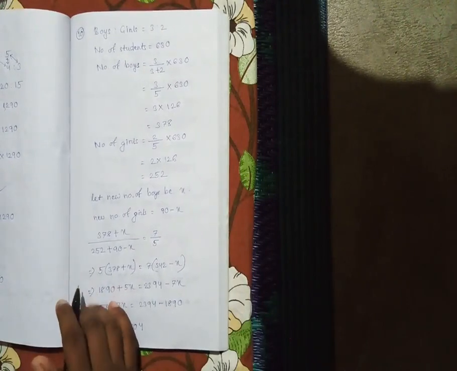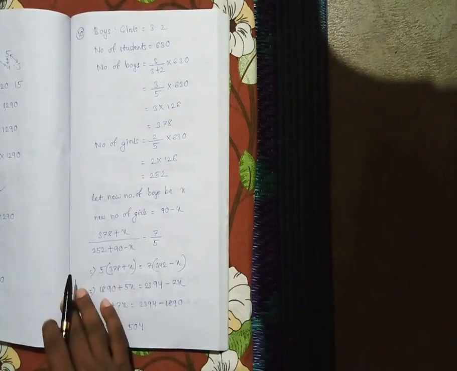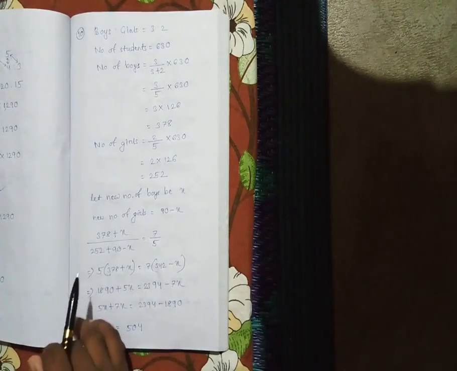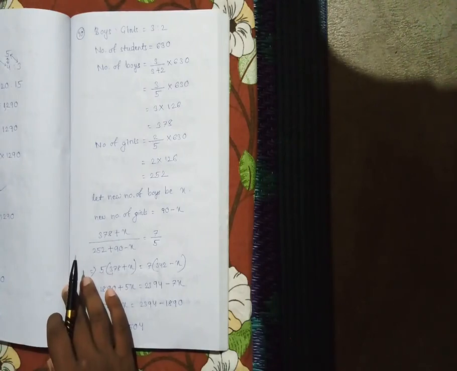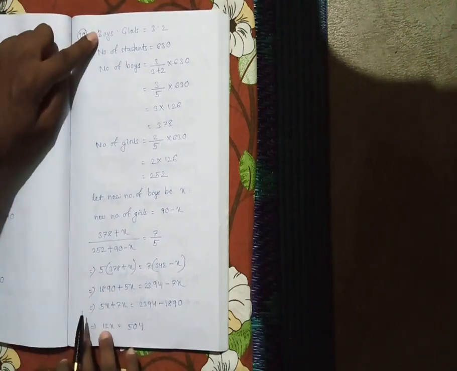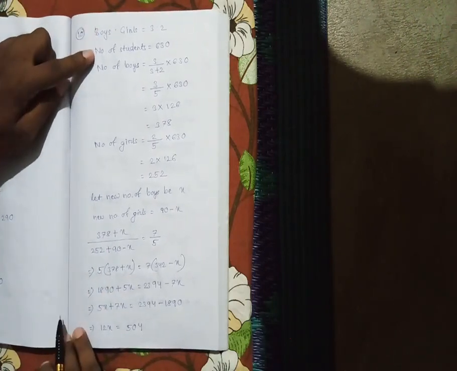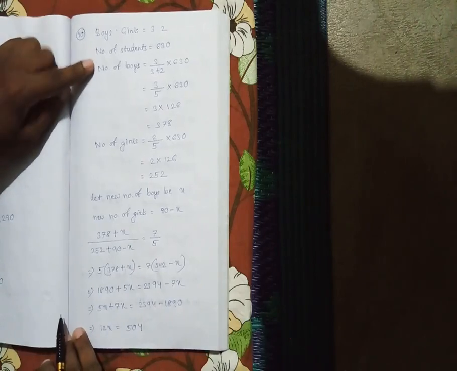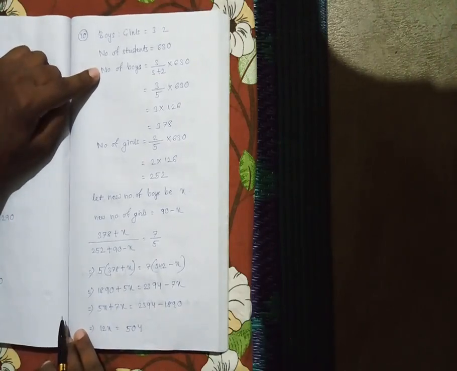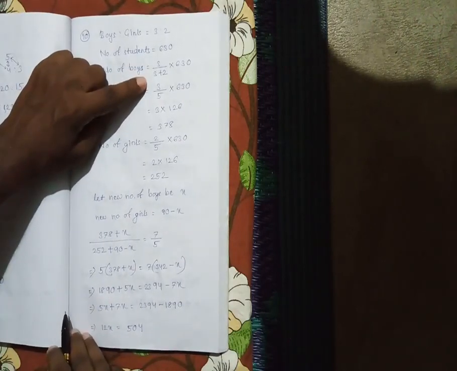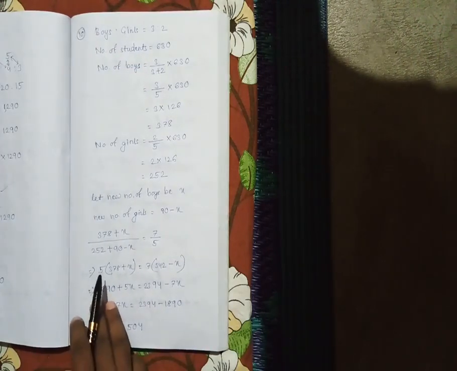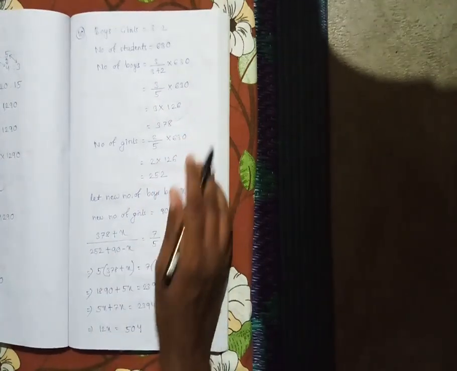Next, number 10. A school has 630 students. The ratio of the number of boys to the number of girls is 3 is to 2. So from the ratio we can find the number of boys and the number of girls. Total number of students is 630. The number of boys will be 3 by 3 plus 2, corresponding term by sum of terms into total value. 3 by 3 plus 2 into 630 will give us 378.